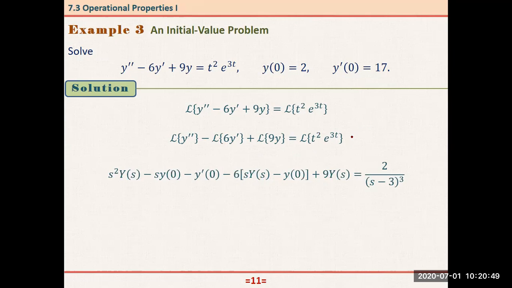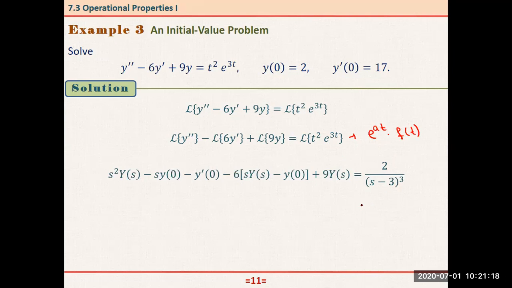What we have here is e to the power at times f of t, right? So what is it? It is just equal to, first I need to evaluate this and change the s with s minus a. Here our a is 3. So that is equal to Laplace transform of t squared, which is 2 over s cubed, right? Because it is multiplied by e to the power at, instead of s, I write here s minus 3 cubed.